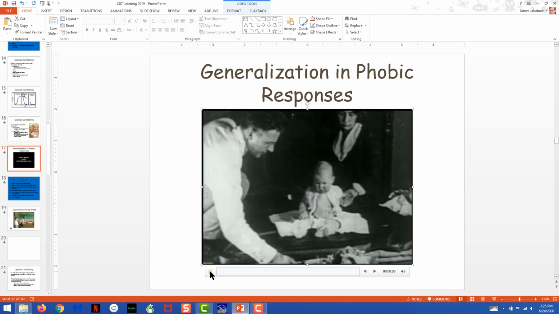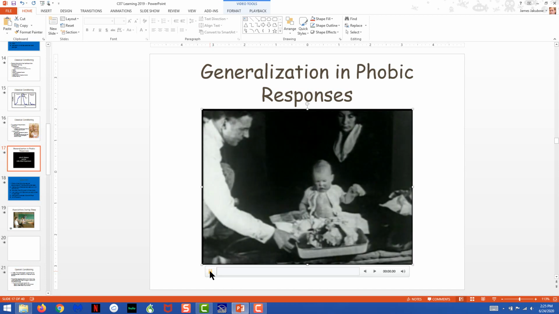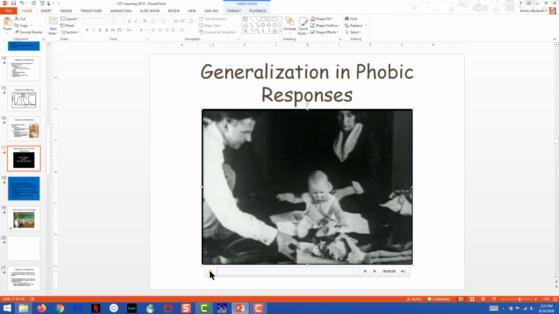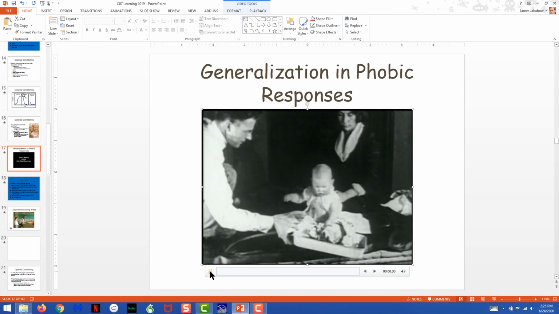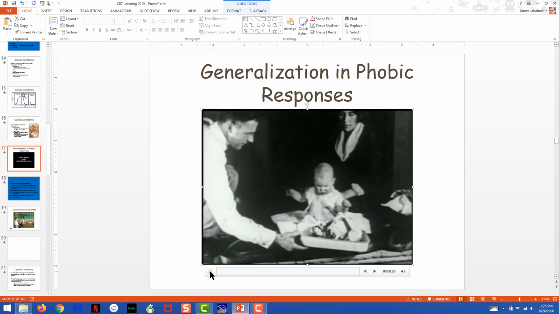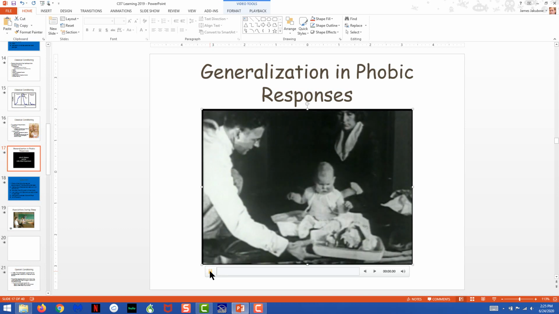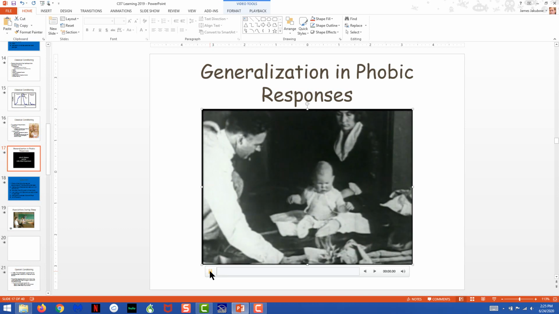So that is John Watson and his graduate student. Baby's reaching out to touch the ball of burning newspaper. Obviously is not afraid of it.